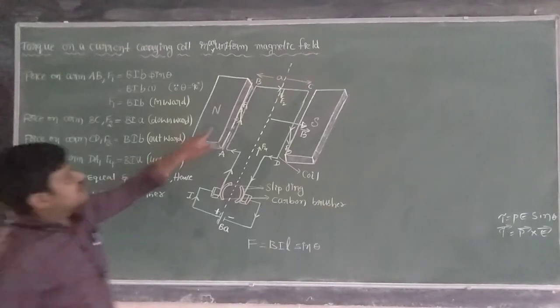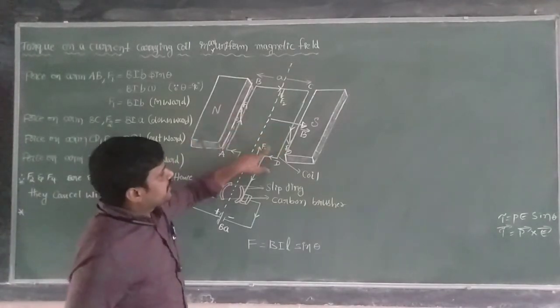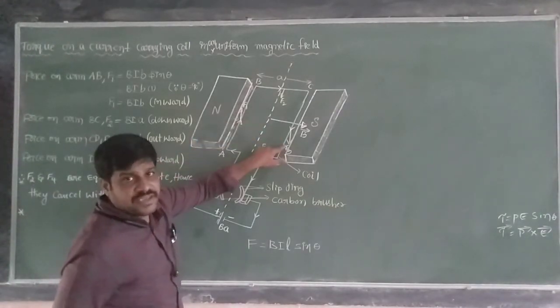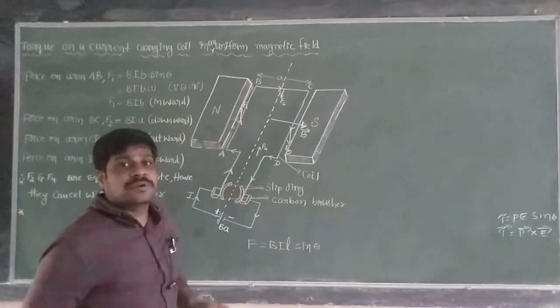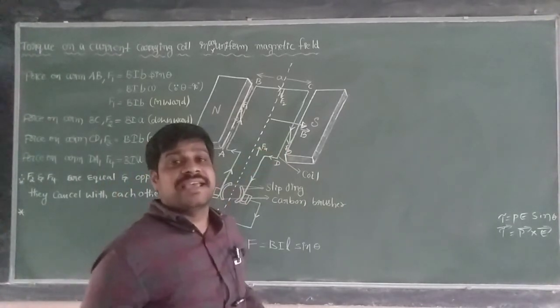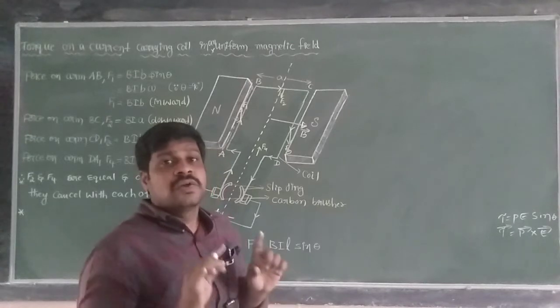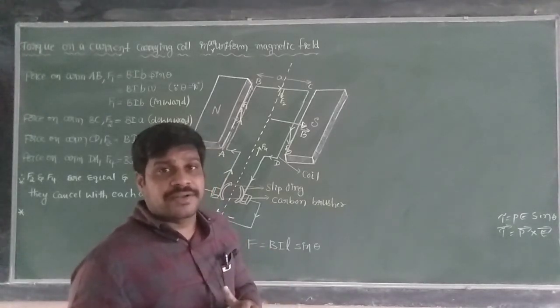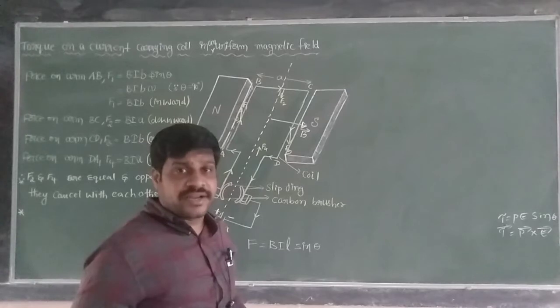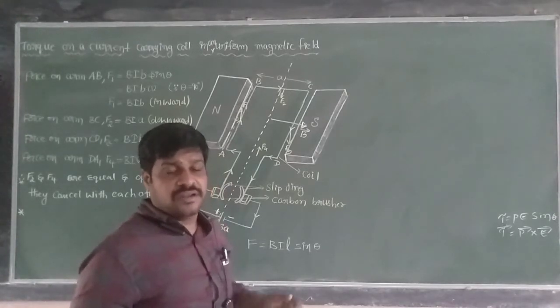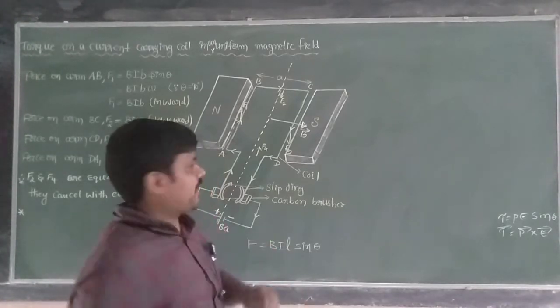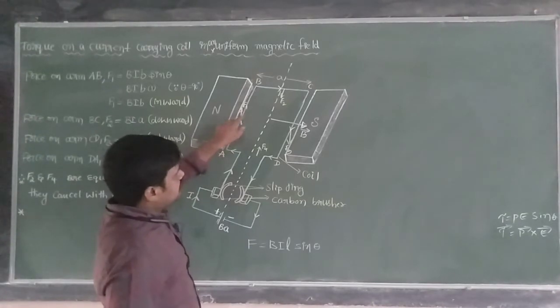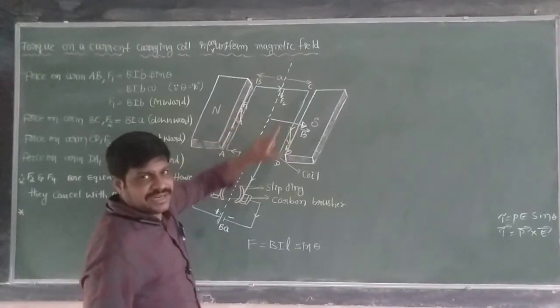What about F1 and F3? Two forces, F1 and F3, are acting as a couple. Couple means two forces equal in magnitude and opposite in direction, acting at two different points, one at one end and the other at the other end.